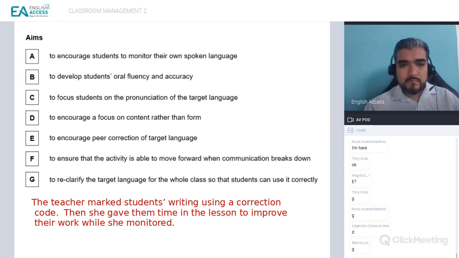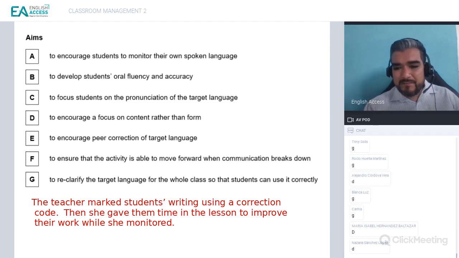Okay, we have a lot of ideas here. Many different: G, D, E. No more ideas? To encourage focus on content rather than form. G, D, D, D, D.